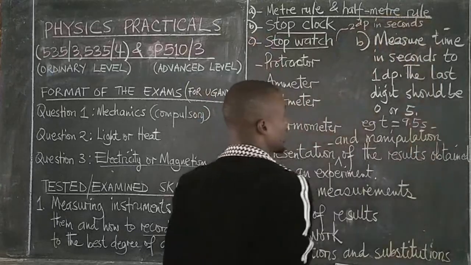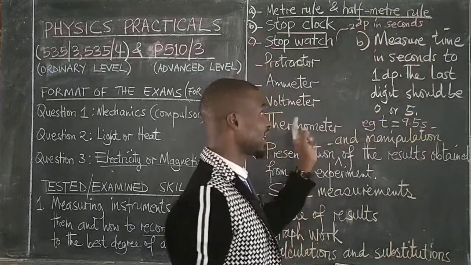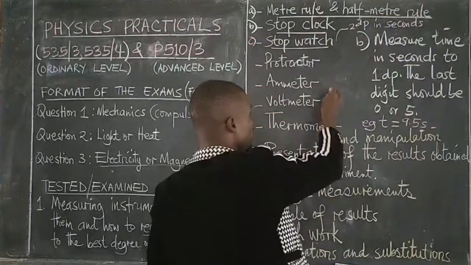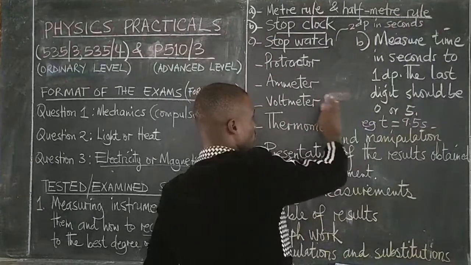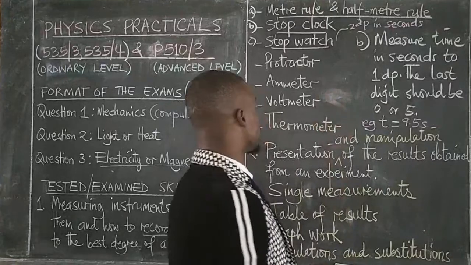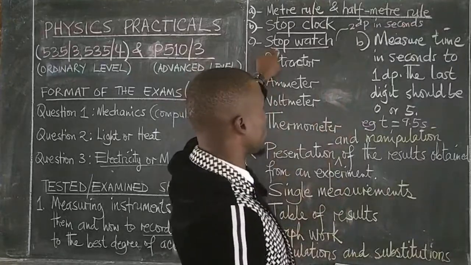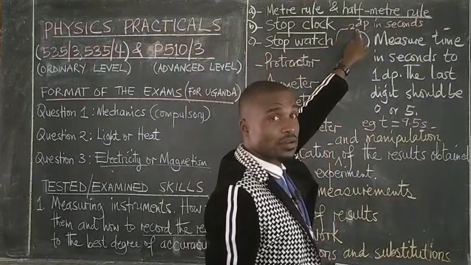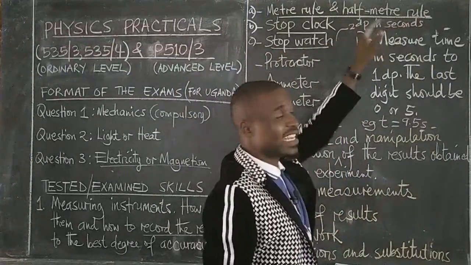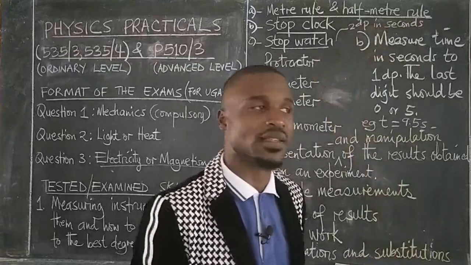And please understand that if you're writing seconds, we don't have the abbreviation of seconds as a capital S. That's not true. So for a stopwatch, we measure time to 2 dps, the degree of accuracy is 2 decimal places, in seconds.